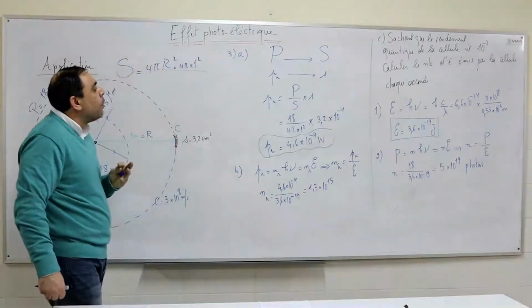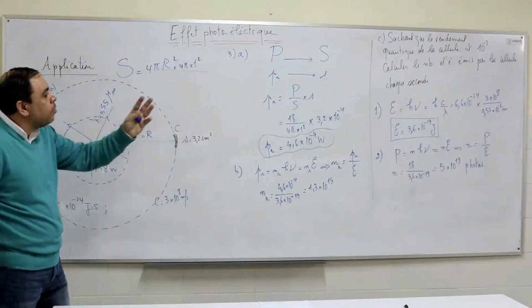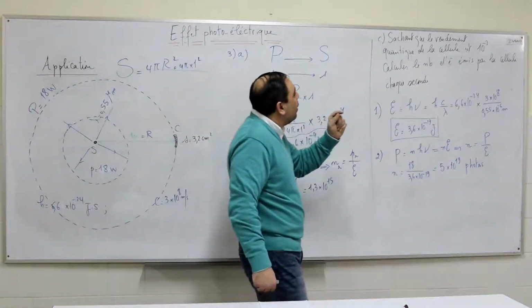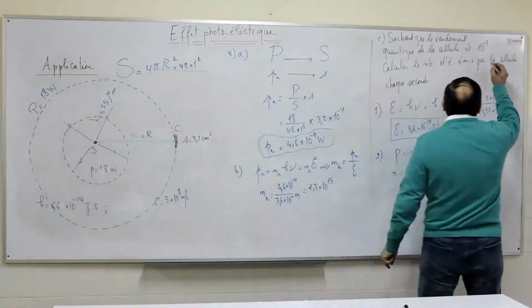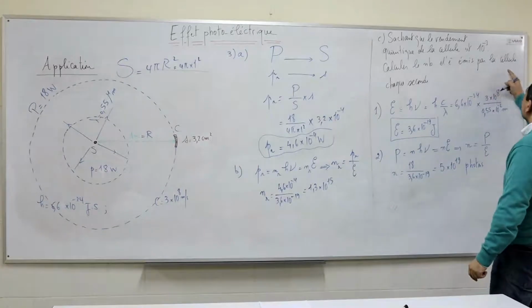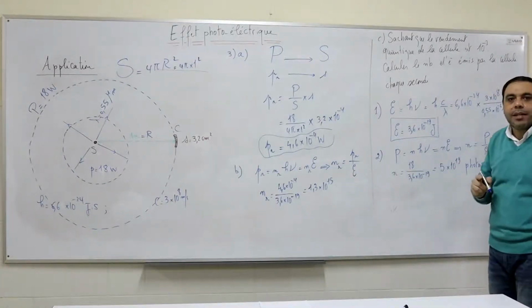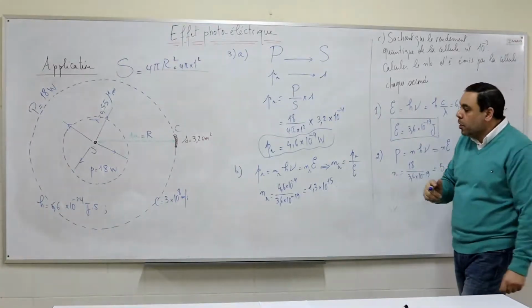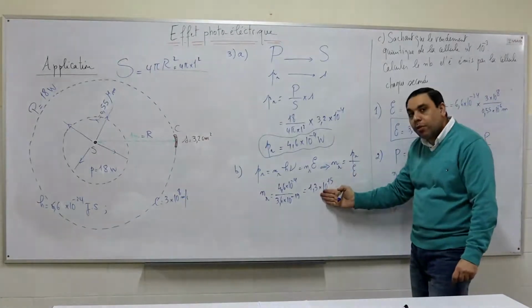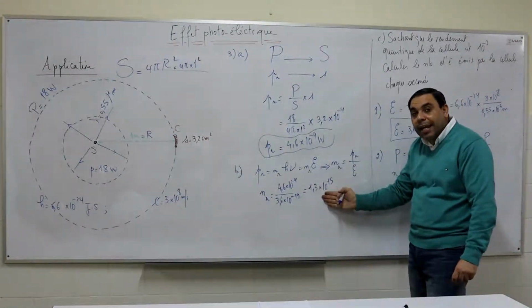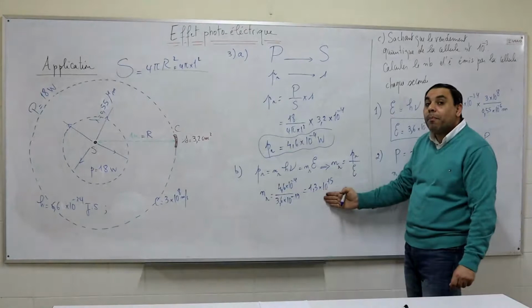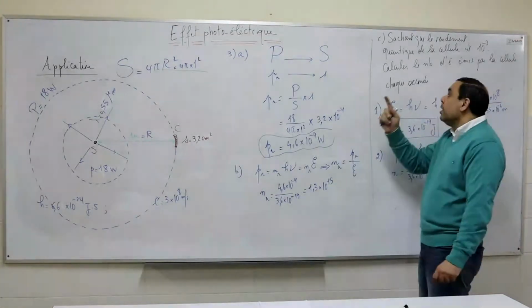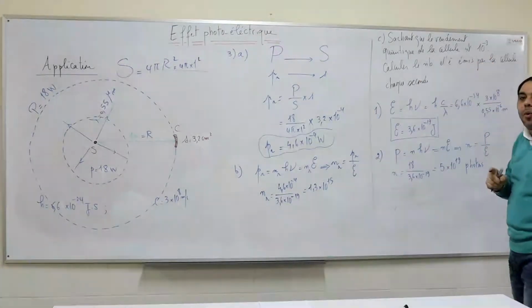In part C, knowing that the quantum efficiency of the cell is 10 exponent minus 3, calculate the number of electrons emitted by the cell each second. Note that not all of the received photons are effective, only 10 exponent minus 3 of them are effective.